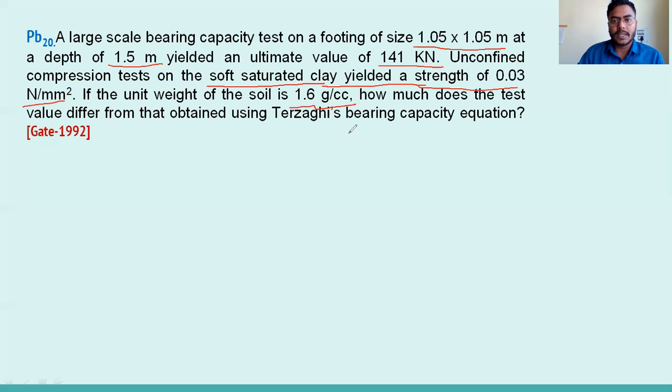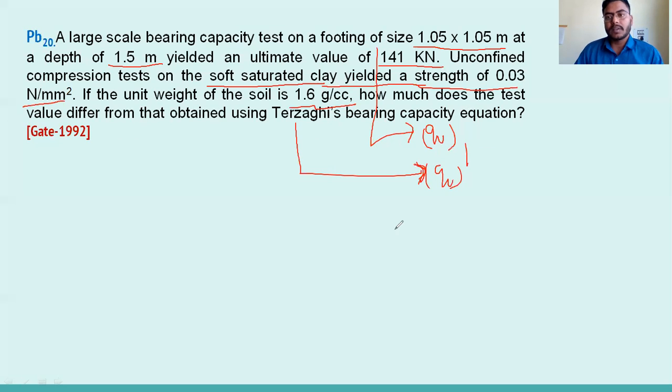So it means, see, from this we have performed the compression test, and from this stress we get some relation for qu, the ultimate bearing capacity for this particular test. And from the Terzaghi bearing capacity theory also we can calculate qu. So we have to calculate what difference we get.